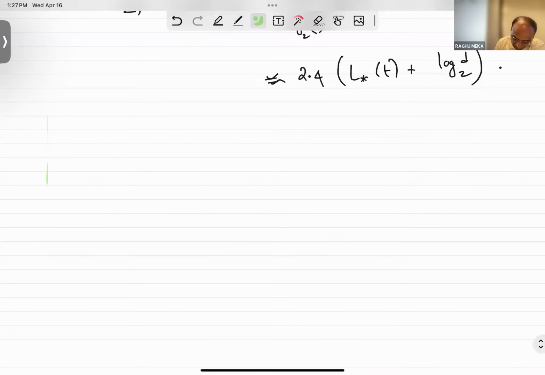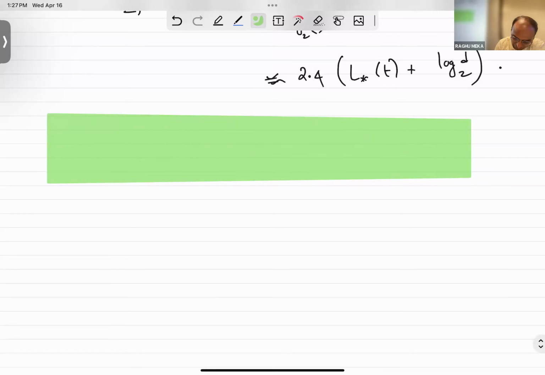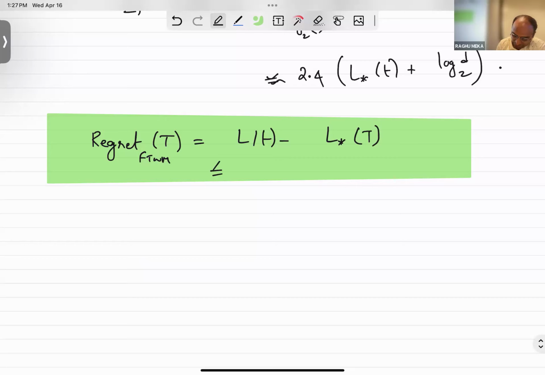Now let's talk about the regret of t so far, or follow the weighted majority. Remember, regret is our loss minus the best loss, which in this case is at most 1.4 times L star of t plus log d base 2.